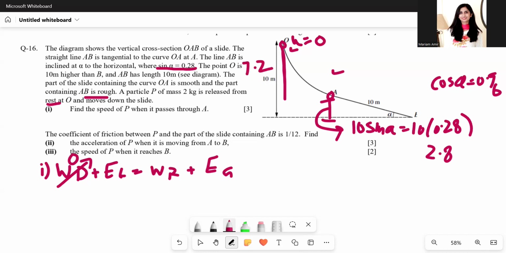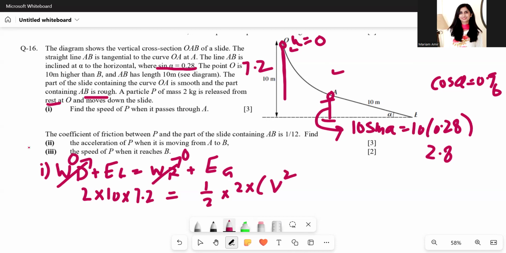So I'm using mgh as loss of energy. M is 2, g is 10, and height is 7.2, is equal to work done by resisting force. There's no resistance from O to A, plus gain in energy. The gain in energy is the gain in kinetic energy, which will be half times m times bracket bigger speed square minus smaller speed square.